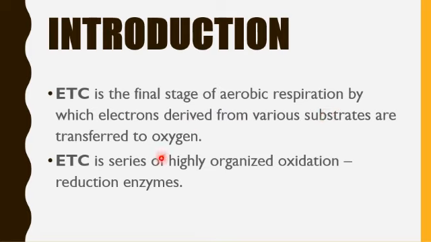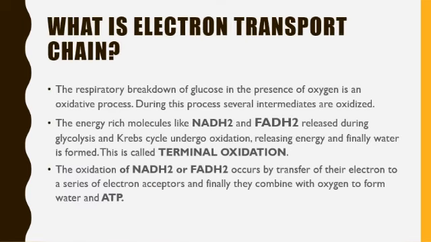It is a series of highly organized oxidation reduction enzymes. So, respiratory breakdown of glucose in the presence of oxygen is an oxidative process. During this process, several intermediates are oxidized.